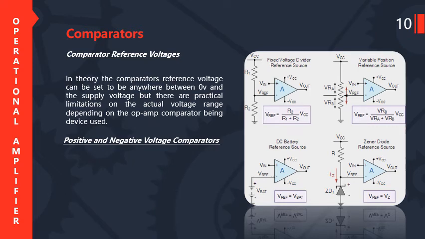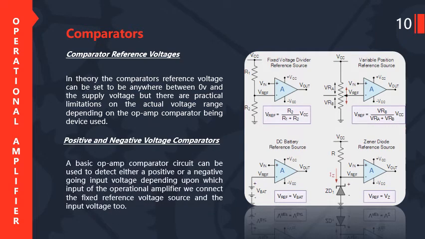Next is the positive and negative voltage comparator. A basic operational amplifier comparator circuit can be used to detect either a positive or negative going input voltage, depending upon which inputs of the operational amplifier we connect the fixed reference voltage source and the input voltage to.